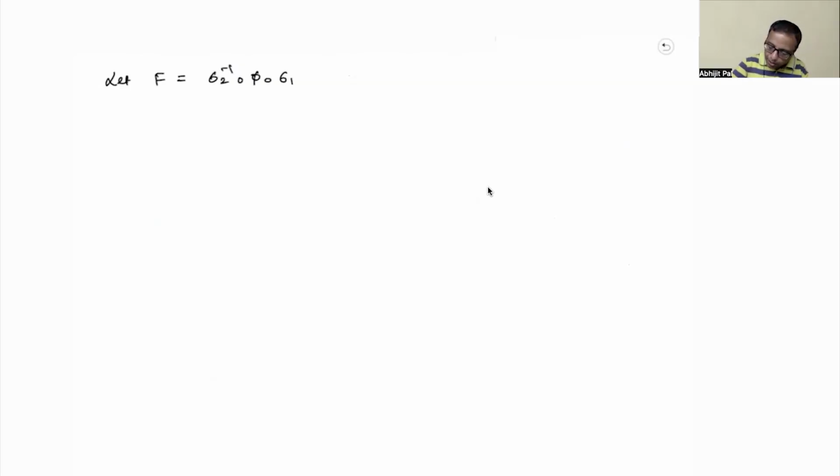Okay, so then F is differentiable, and the differential of F makes sense. The differential of F at Q1 is a linear map.